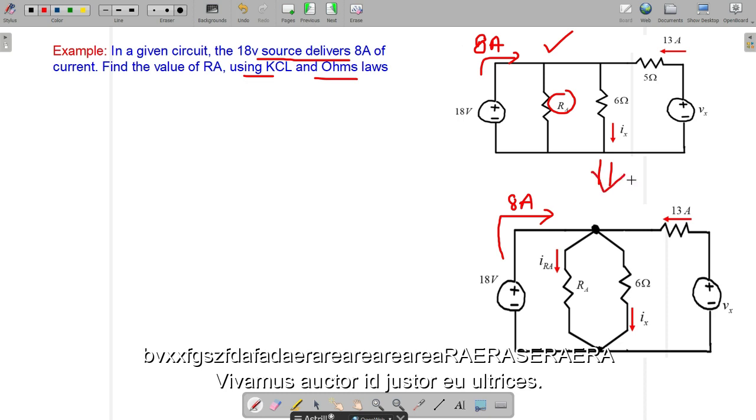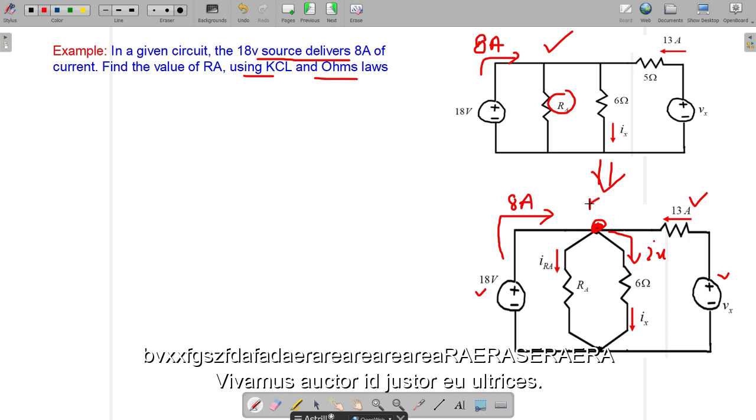We need to mention the current supplied by this source, that is 8 ampere, and this is IRA, this one is IX as it is shown here, and we need to mention the current supplied by this voltage source, that is 13 ampere.